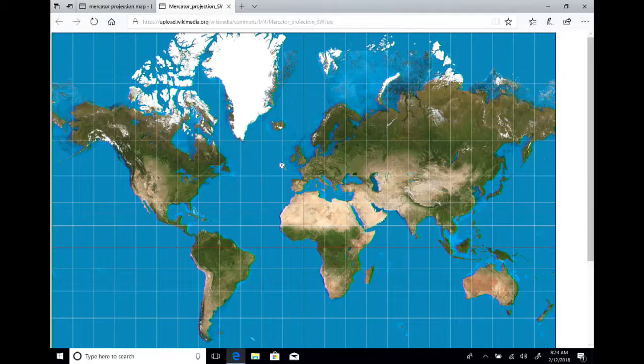Remember, it distorts the actual size of the land masses the further north you get. So I want you to take a look at Greenland and Australia. You can see Greenland up here. You can see Australia down here. How much bigger is Greenland than Australia? It's not bigger in real life. Some are saying that it's not bigger in real life, but how much bigger does it look? A lot. It looks about 3 times the size of Australia, right?